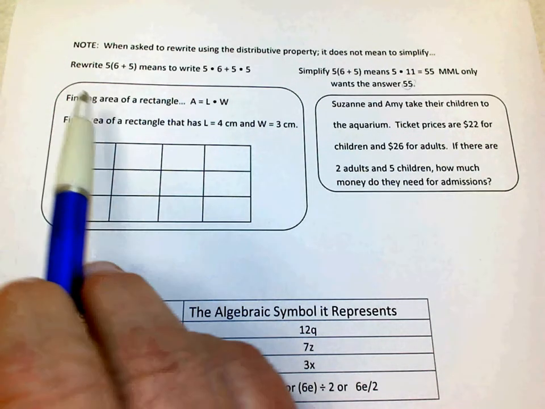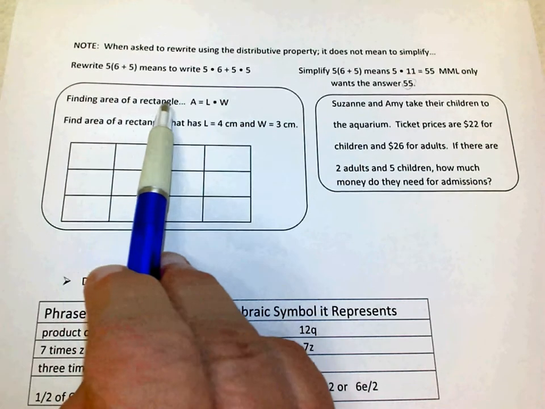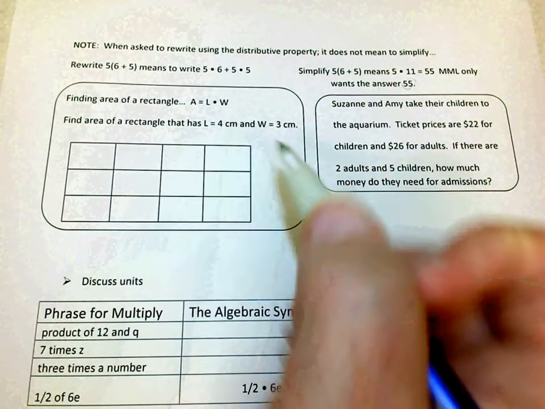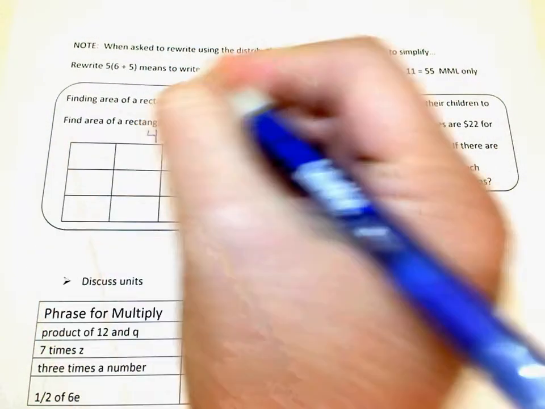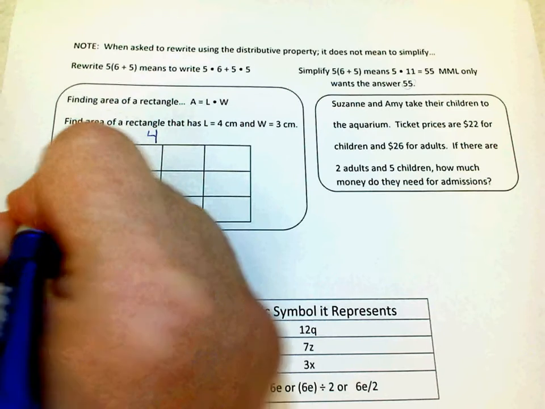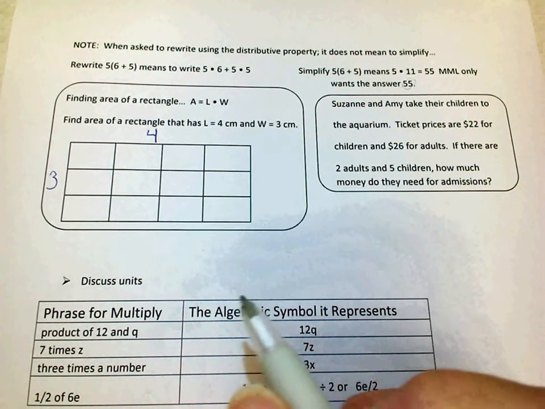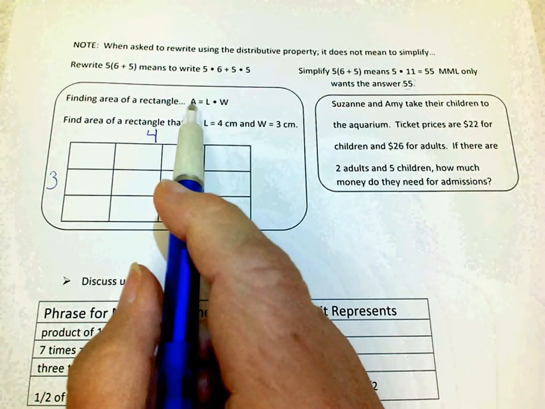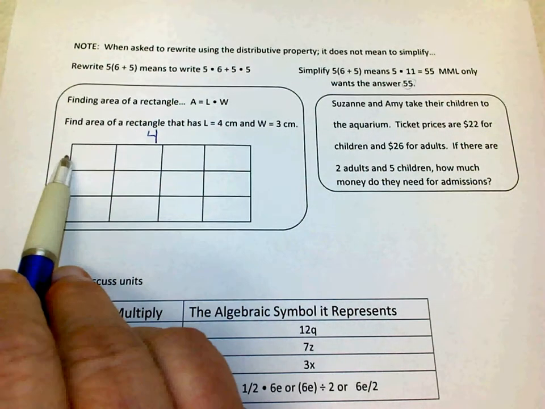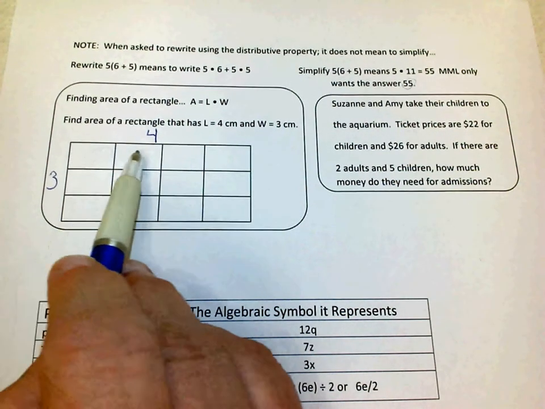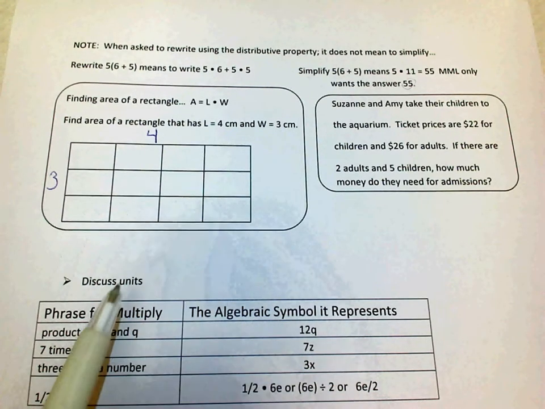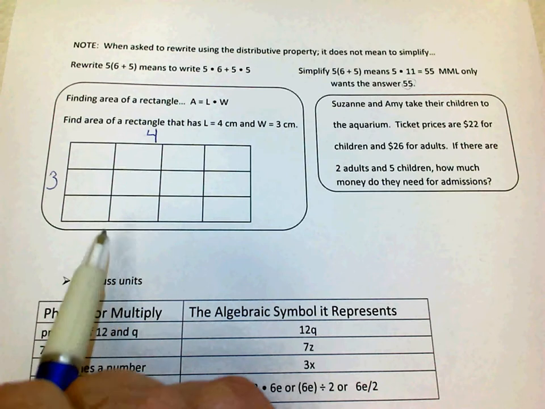Now, find the area of the rectangle. Well, this is 1, 2, 3, 4 units long, and 1, 2, 3 units high. When it asks for area, it's not asking what's the distance around it, it's asking how many little boxes can I create inside of there.